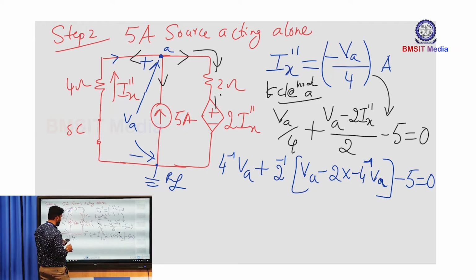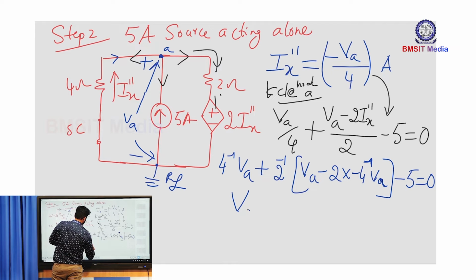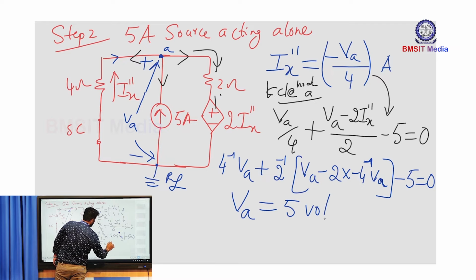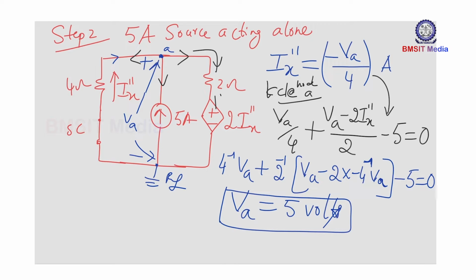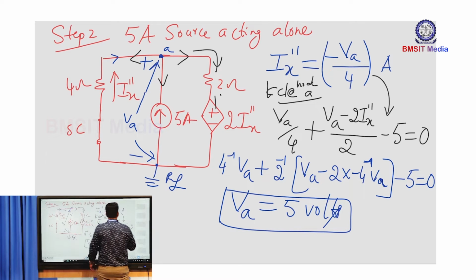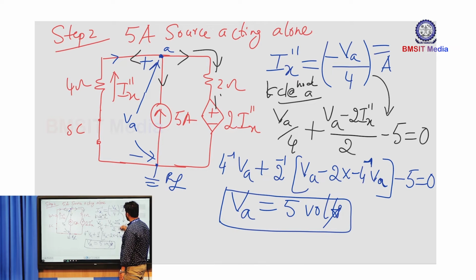Sorry, you will get the value of VA is 5 volts. And if you do the division, you will get the value of Ix double dash is now minus 5 divided by 4.